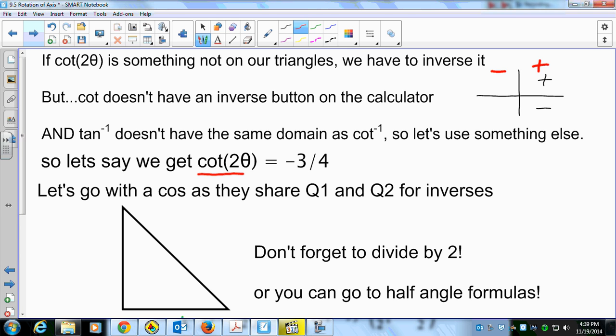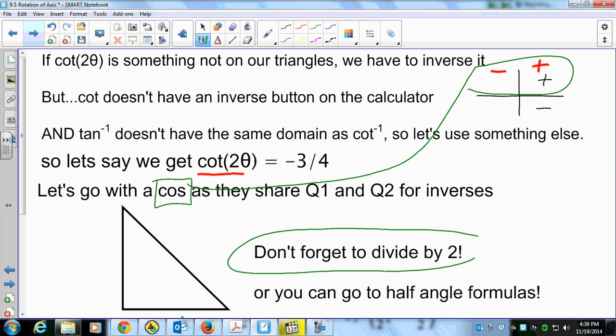So for that, we're going to go with cosine, because the principal angles for cosine are positive in quadrant 1 and negative in quadrant 2. And then at the end, don't forget to divide by 2, or you can use the half angle formula to go backwards there.